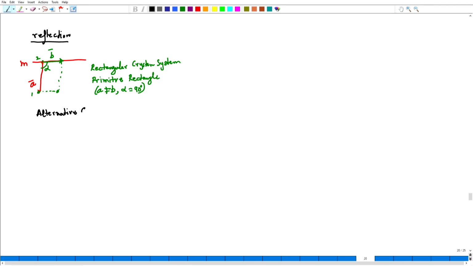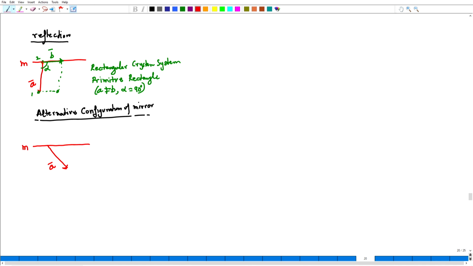Now, let us take an alternative configuration of the mirror. So, what can be an alternative configuration? So, let us start with the vector A, and let me change the orientation of the vector A. So, vector A is like this and the mirror I am keeping horizontal.